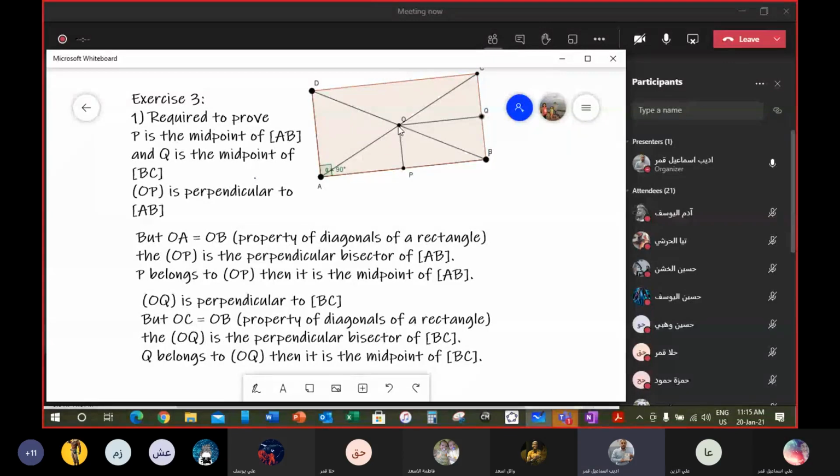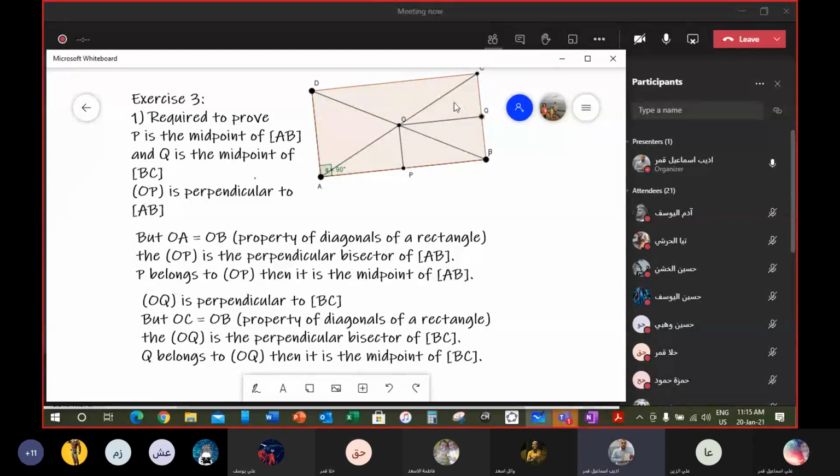And so we have AP equal to PB. Why do they become equal, Ali? Homologous sides: P is the midpoint of AB.